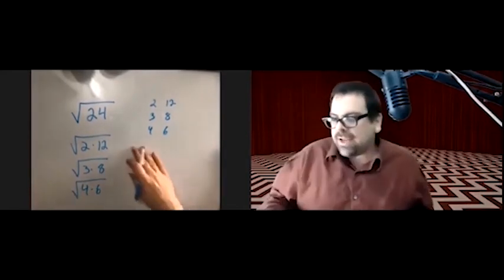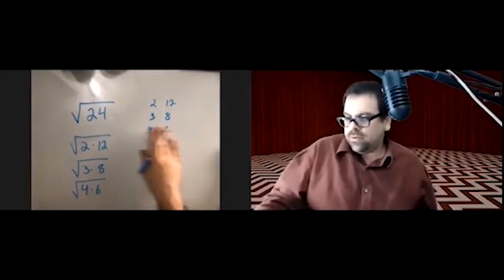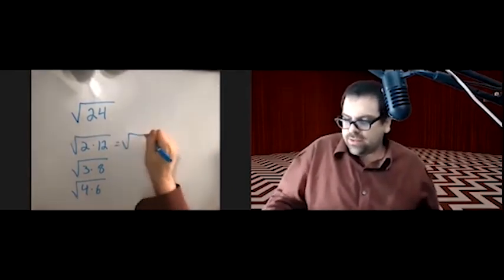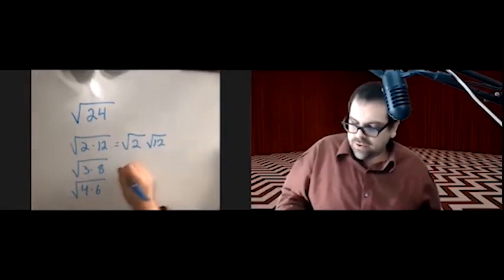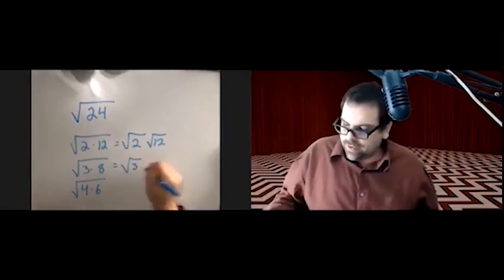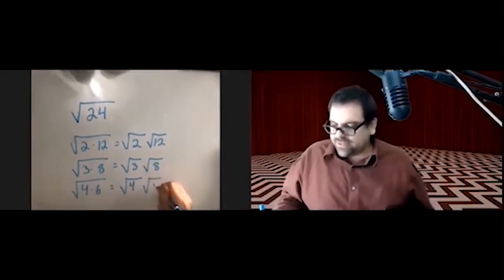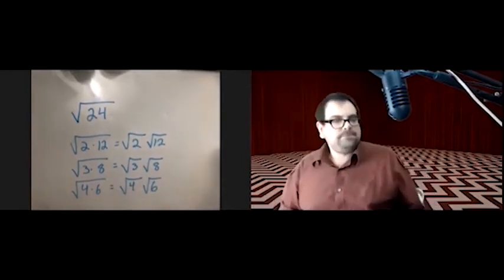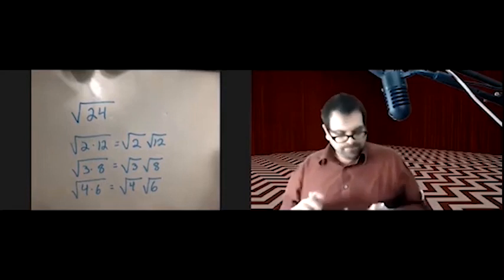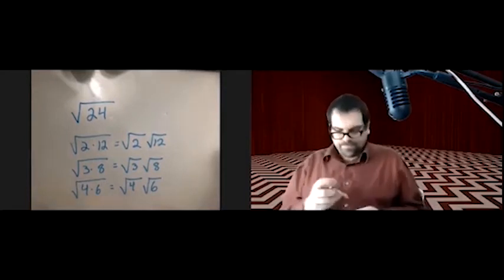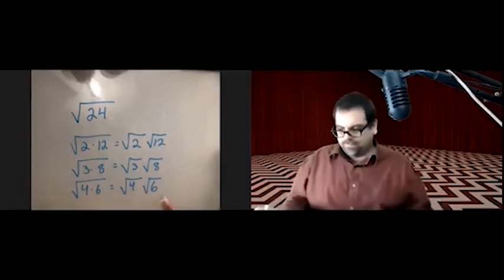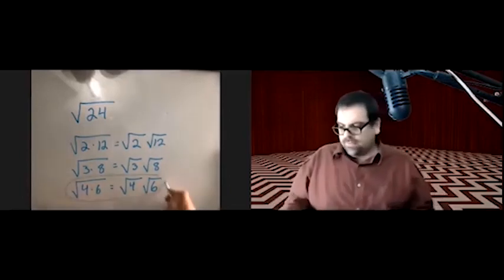And we could break up each of these into radical times radical. Only one of these serves any purpose. Which one do you think it would be? It's this one.